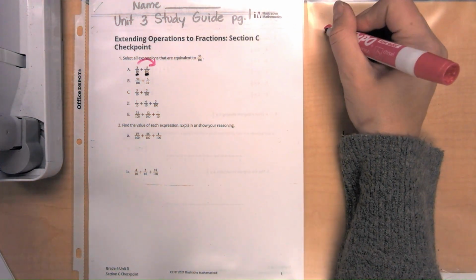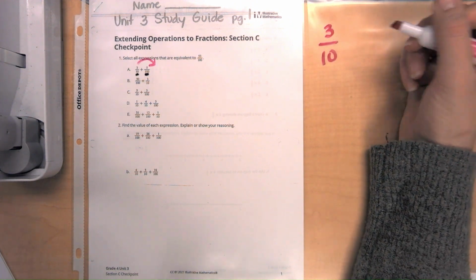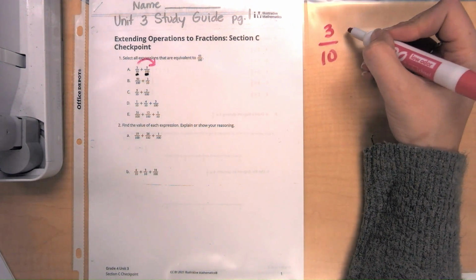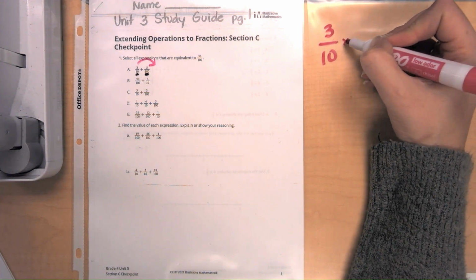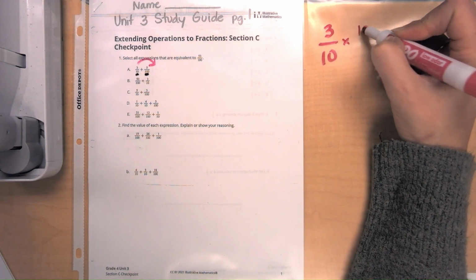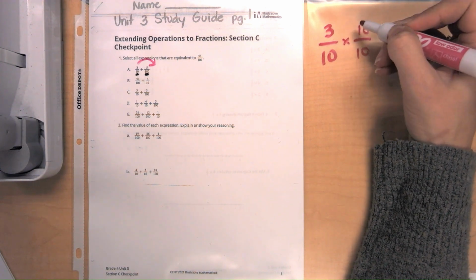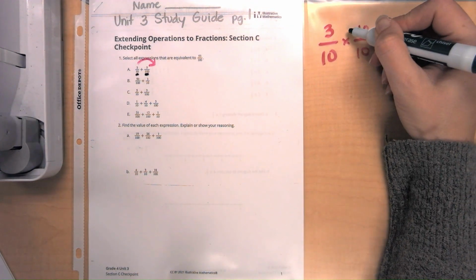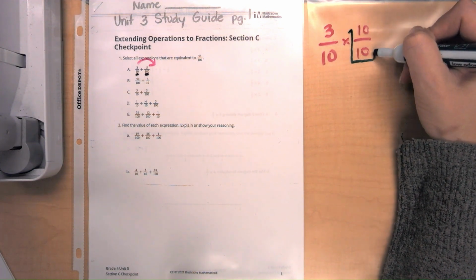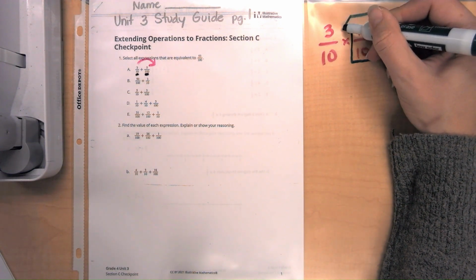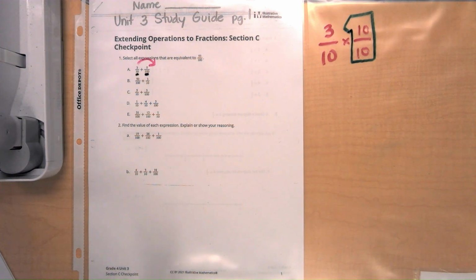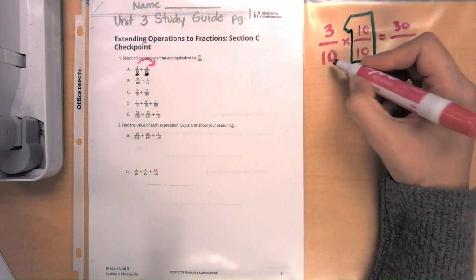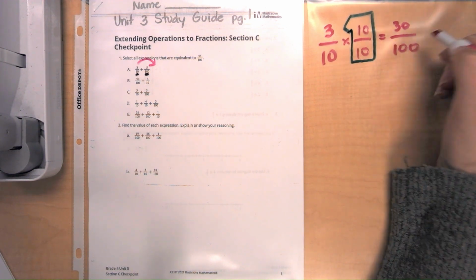So I'm going to come over here, and we know to find an equivalent fraction from Unit 2, we can multiply any fraction times 1, which in this case we're going to choose 10/10, because any fraction that has a numerator and a denominator that are the same is the number 1, right? 3 times 10 equals 30. 10 times 10 equals 100.